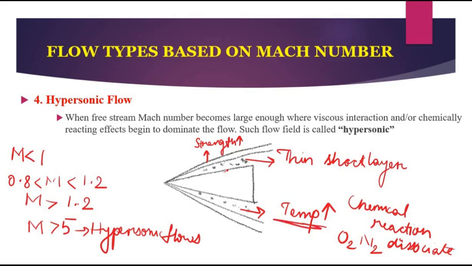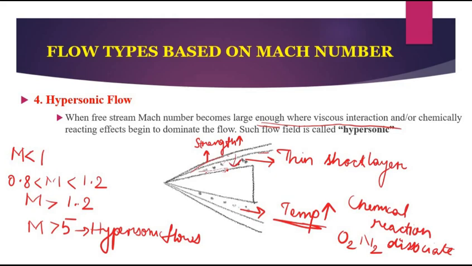So this flow, where the Mach number is large enough that we see viscous interaction, that is, there is a viscous layer forming above this body, and it interacts with this shock layer.